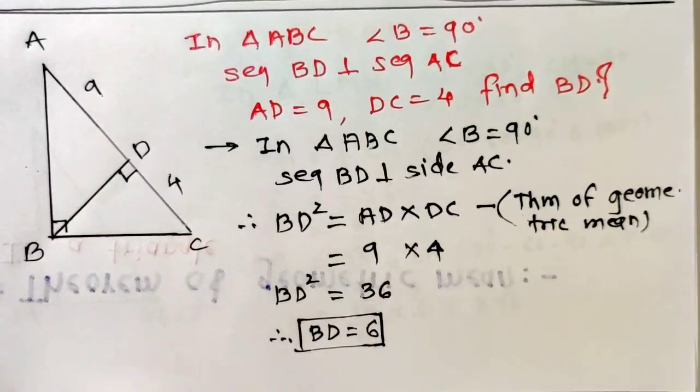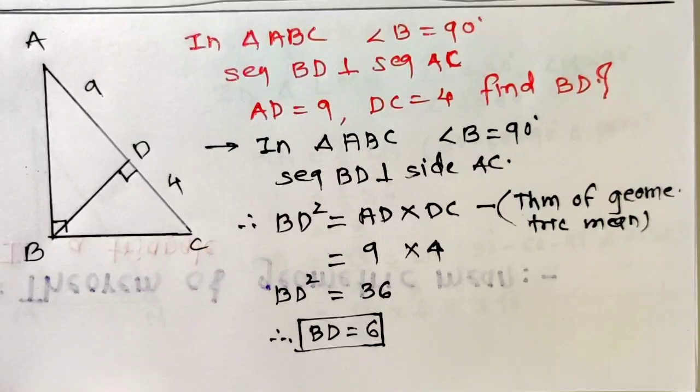So students, in this video we studied first the Pythagorean triplet, how to decide whether three numbers are a Pythagorean triplet or not. Second, how to use the 30, 60, 90 triangle property to solve the sums.